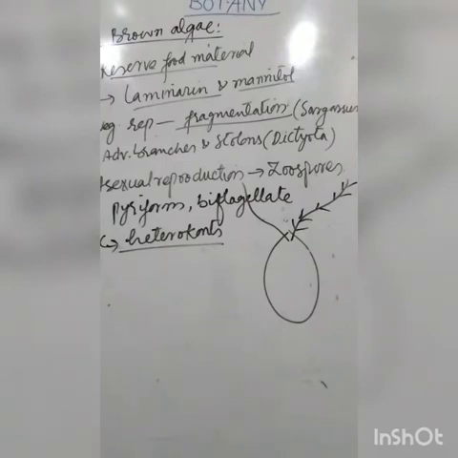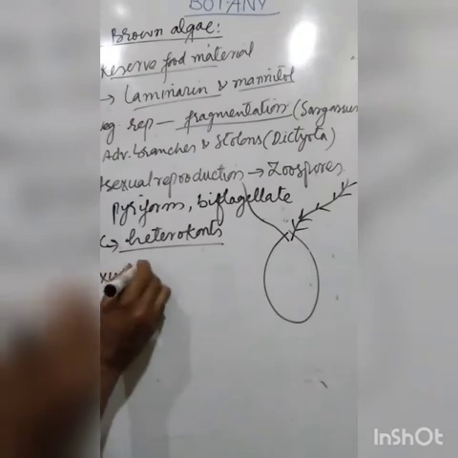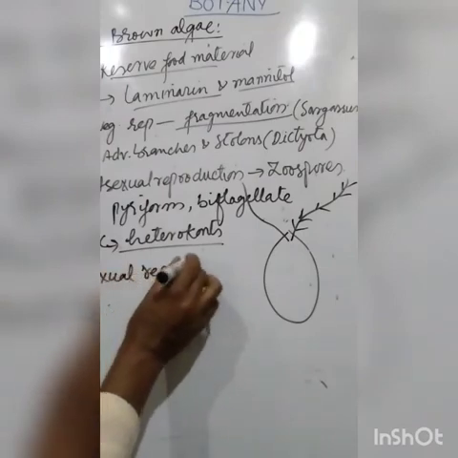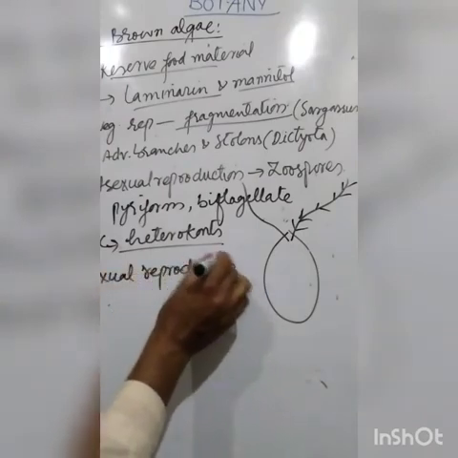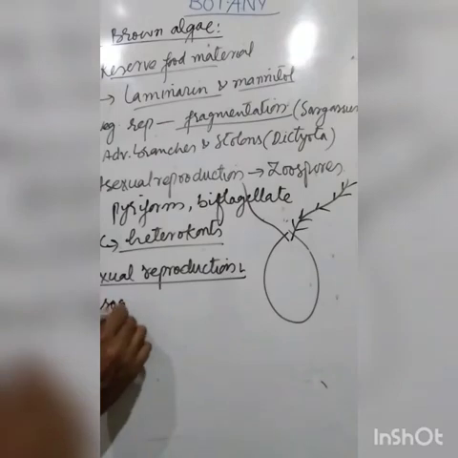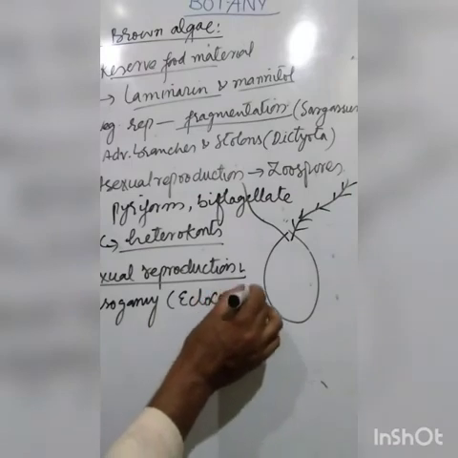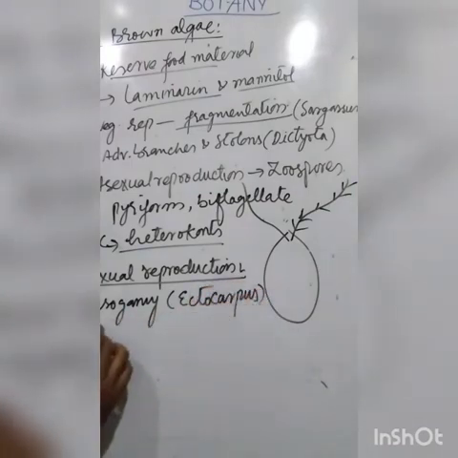And sexual reproduction occurs by the formation of gametes. Sexual reproduction occurs by isogamy in Ectocarpus.